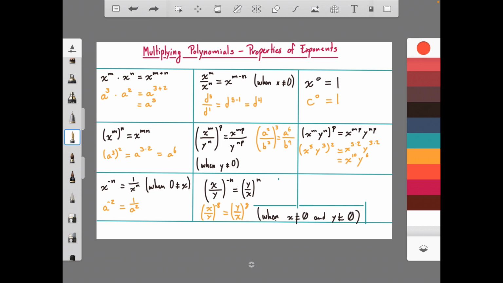Okay, now this one is a very common one as well, which states that x to the m raised to the n power is actually going to be equal to x to the m n power, or m times n power. Okay, so this is actually called power of powers.